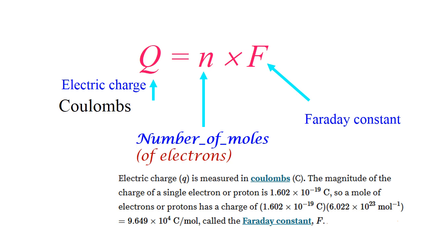There is a simple relationship between them with a conversion constant named Faraday constant after Michael Faraday. It's simply the coefficient that converts moles into coulombs. It's a relatively big number, 9.6 times 10 to the power 4.